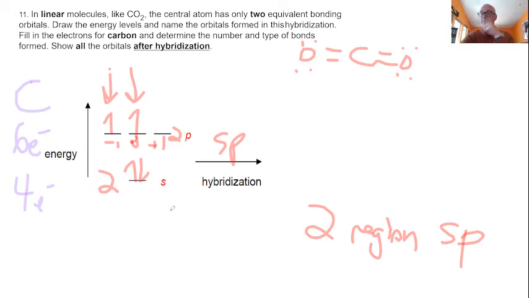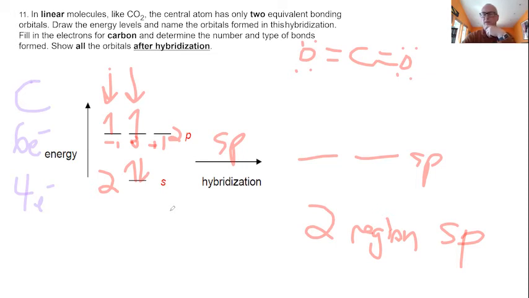That means I'm going to have 2 orbitals, one from an S and one from a P. So I'm going to have 2 SP orbitals. My new energy diagram is going to look like this: 2 SPs, and those are 2 electrons for my 2 SP orbitals.